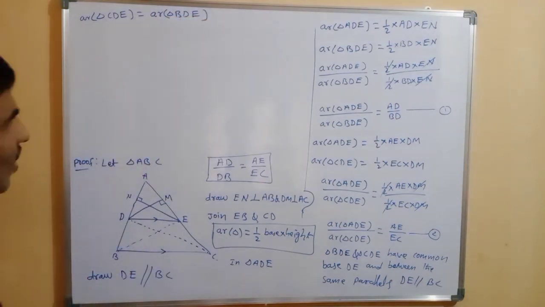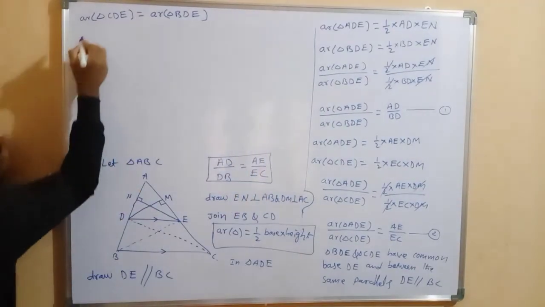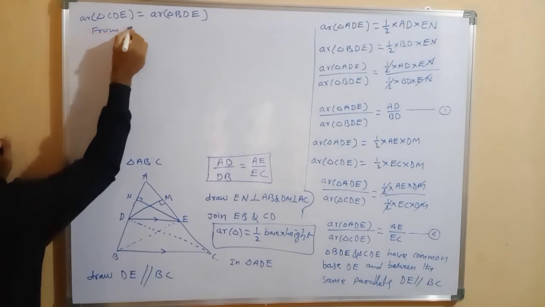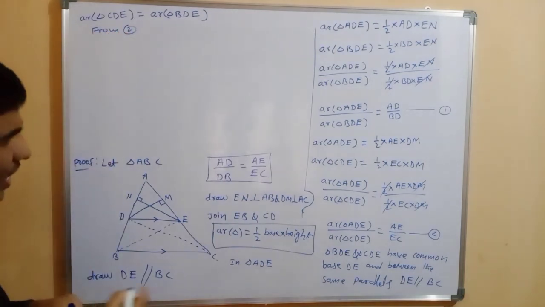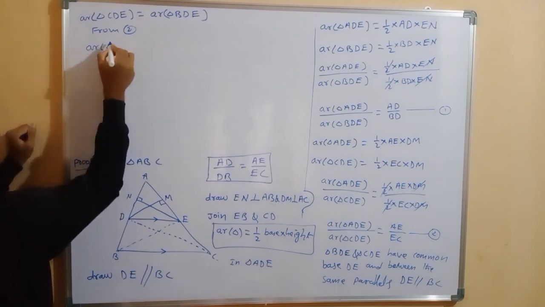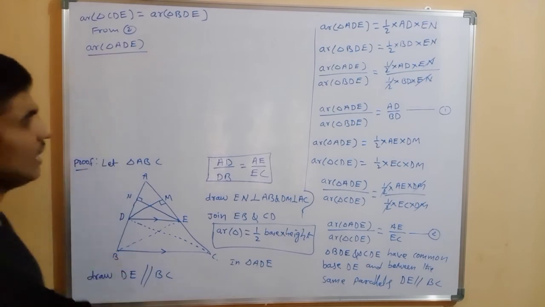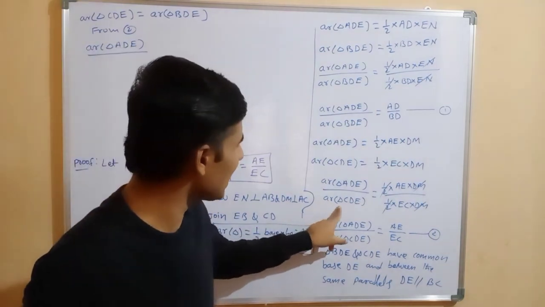Now see, from 1 and 2. Take from 2: the area of triangle ADE divided by the area of triangle CDE.